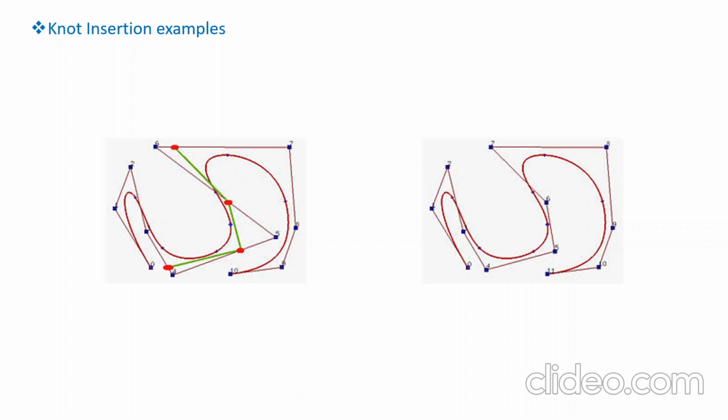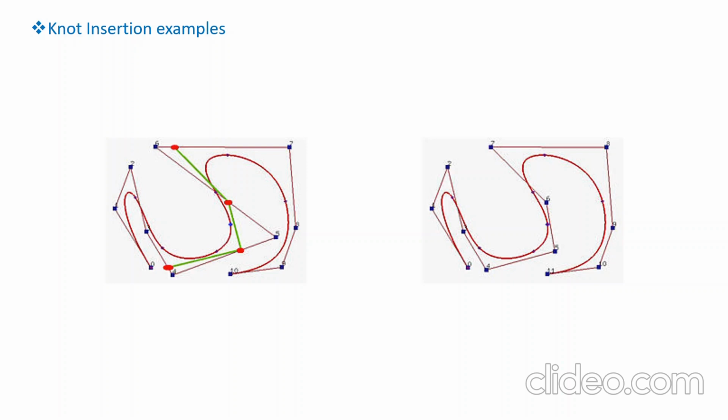And on the right side, we can see that the extra control points, the control points which seem unnecessary, are removed. But we can also see that the curve is not disturbed in this whole knot insertion. This is also like the knot refinement.